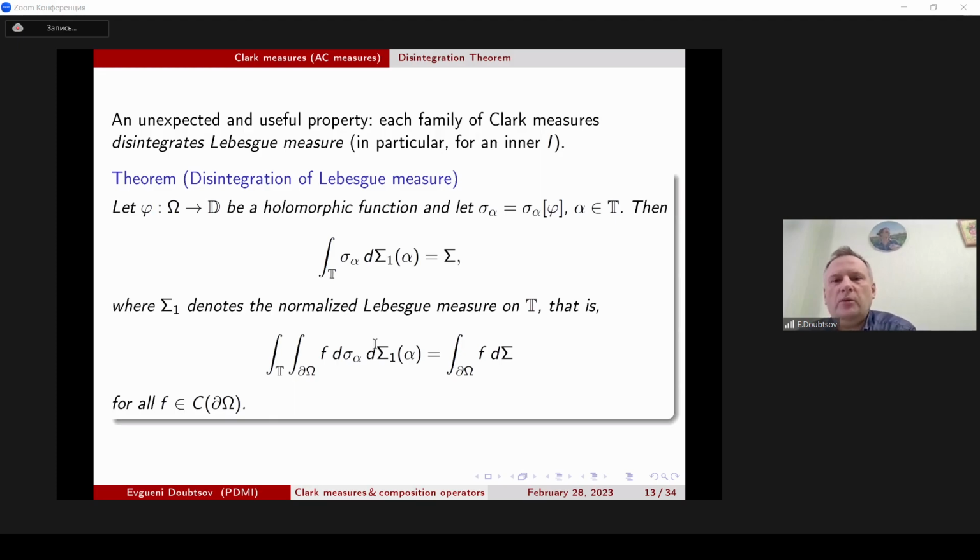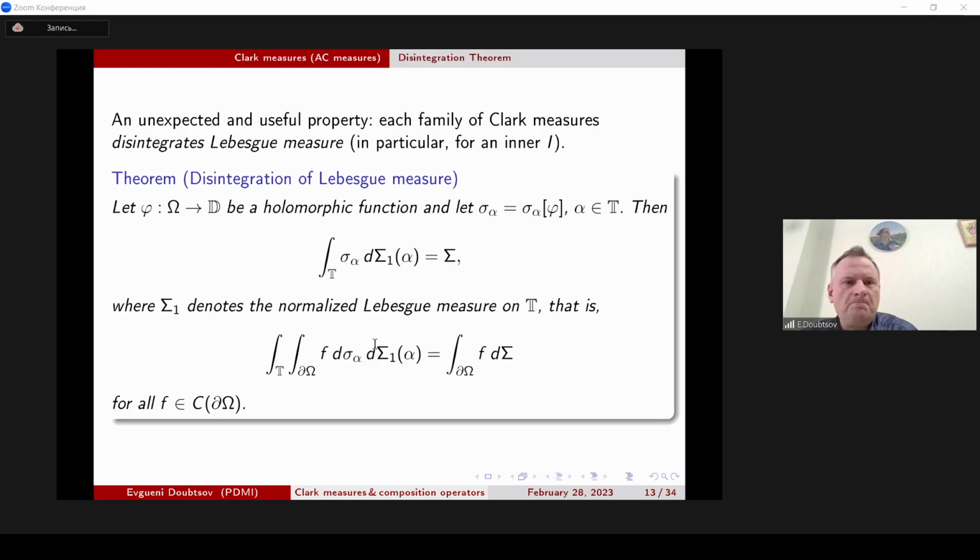Each family of Clark measures, in English one says that each family disintegrates Lebesgue measure, and in particular this is true for an inner function capital I, where, as we know, each Clark measure is singular. Still, when we integrate with respect to alpha, as we see below in the theorem, we reconstruct the initial Lebesgue measure, the absolutely continuous one.